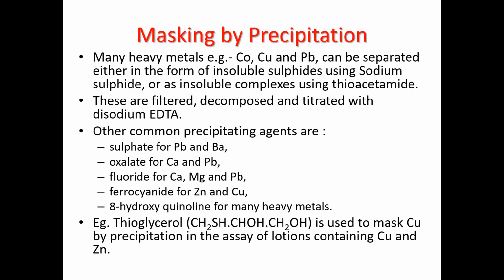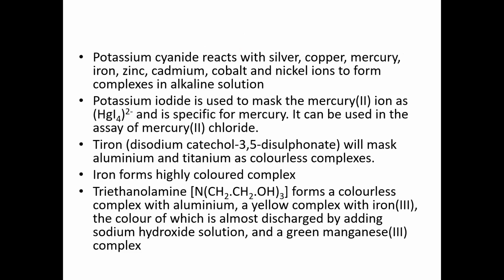We have other common precipitating agents. We can use sulfates for lead and barium, oxalates for calcium and lead, fluoride for calcium, magnesium, and lead, ferrocyanide for zinc and copper, and 8-hydroxyquinoline for many heavy metals. We also use glycerol as a masking agent to mask copper by precipitation in acid solutions that contain copper and zinc.